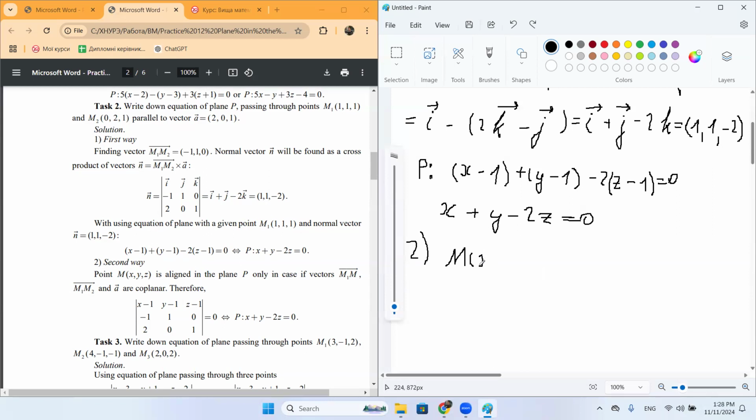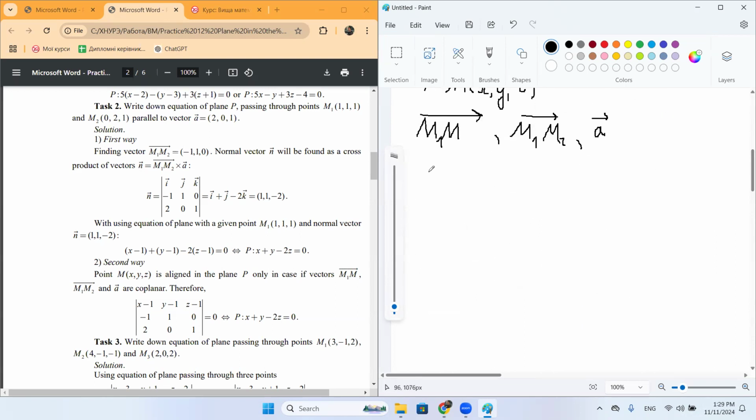We don't know the coordinates, so just x, y, and z. And we remember that 3 vectors, m1, m2, and vector A, are coplanar only if they are aligned in one plane.